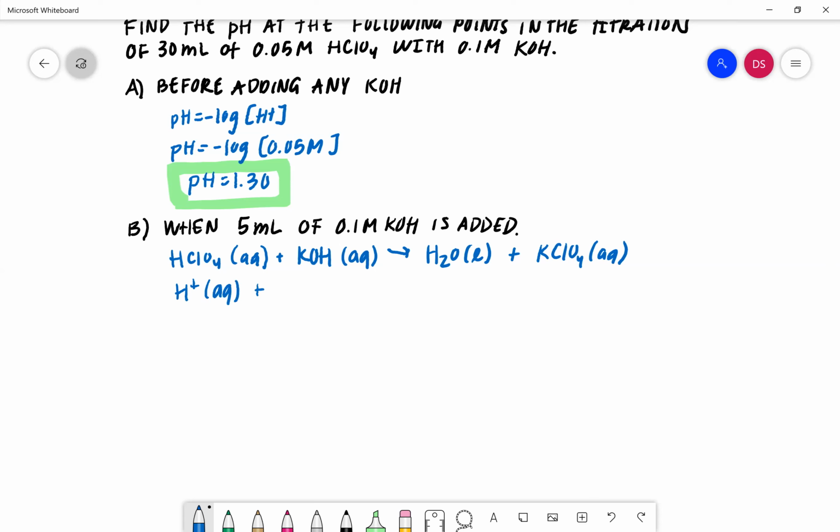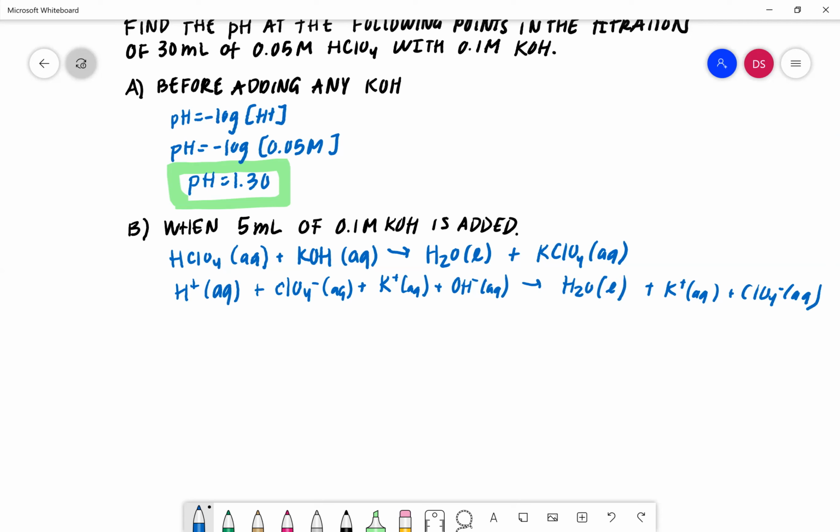So if you were to break these up, you would get ClO4 minus aqueous plus potassium plus aqueous plus hydroxide minus, yielding water liquid. And you're not going to break water because it's liquid. And the salt also dissociates into this. So if you remember, this is your total ionic equation.